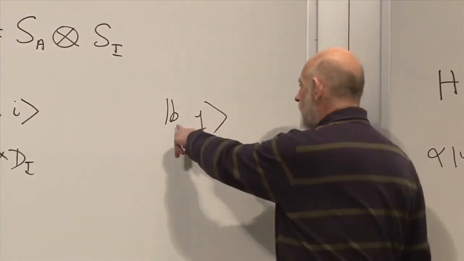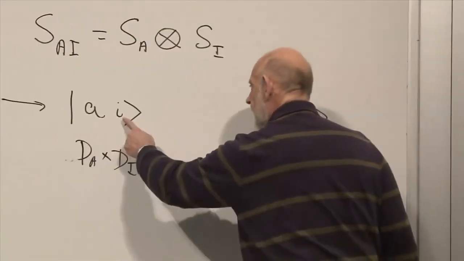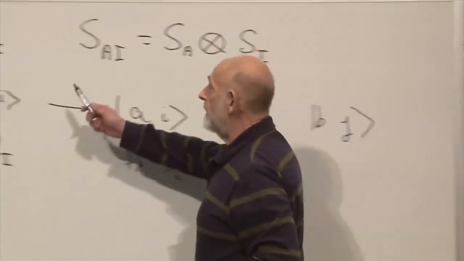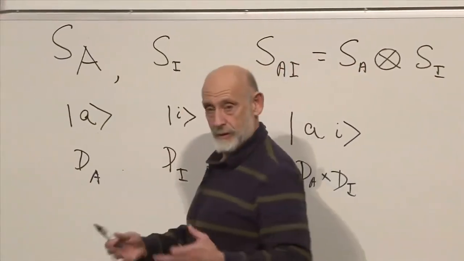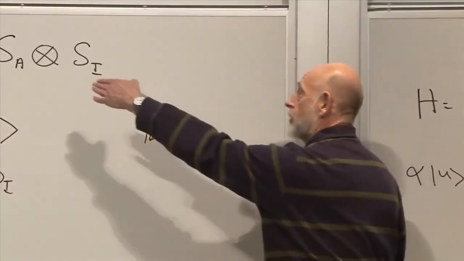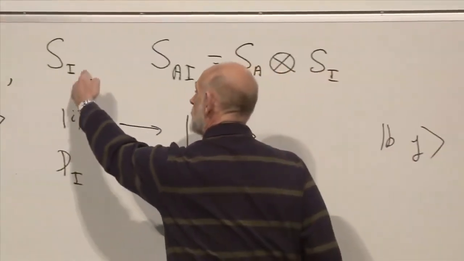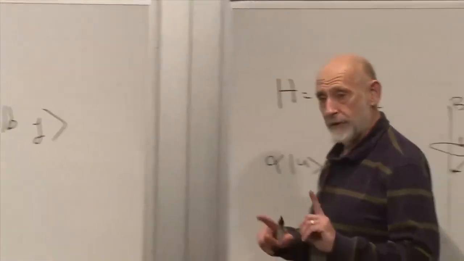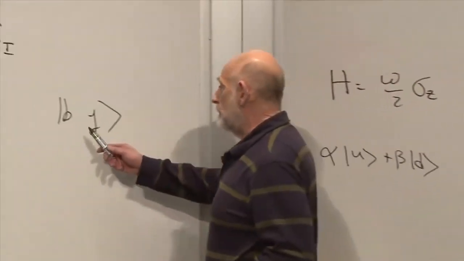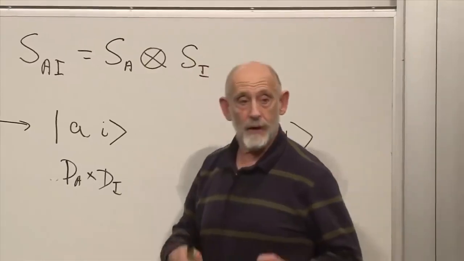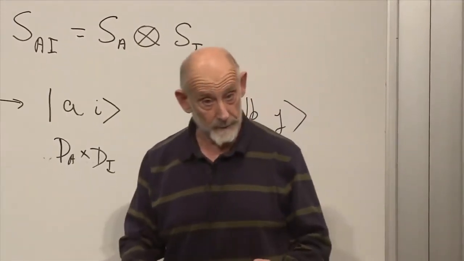For example, if this B was the same as this A, but I was not the same as J, then there would be observable differences associated with observable differences in the subsystem I. So in order for them to have an overlap, B must equal A and J must equal I, and then they're observably the same vector.